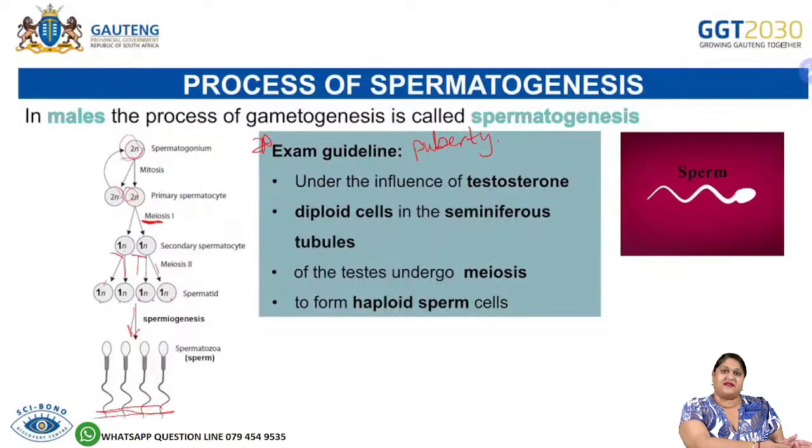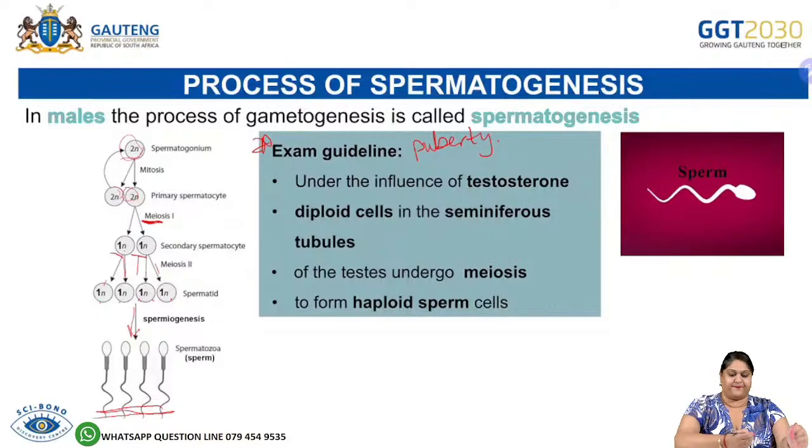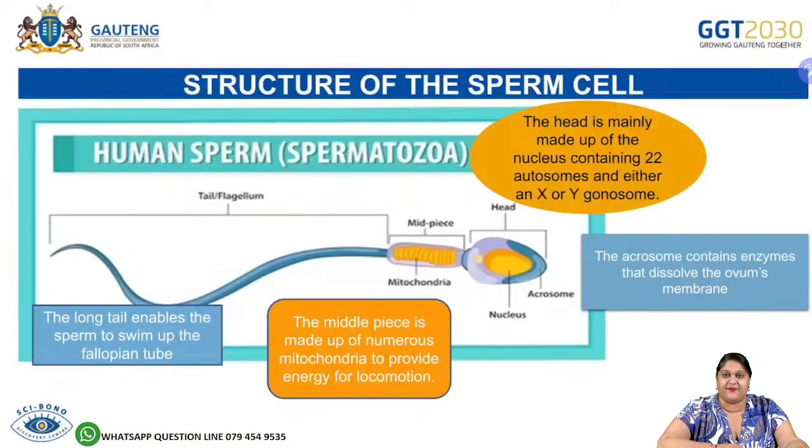In females, the diploid cells undergo mitosis before puberty to form numerous cells, and then after puberty, every month, only one cell. It also only happens every month, whereas in males, spermatogenesis is happening often, not only every month.